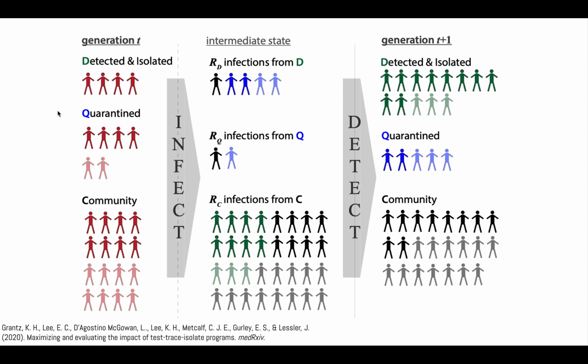Then these individuals go on to infect future cases. This intermediate stage indicates how many new people they're expected to infect, the infections from D. And then in generation T plus 1, from each of these different compartments, folks are either detected and end up in the detected and isolated category, the quarantined, or the community.